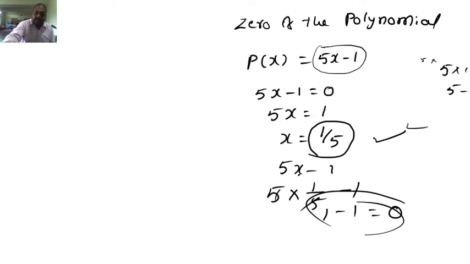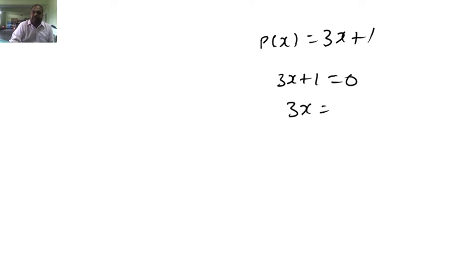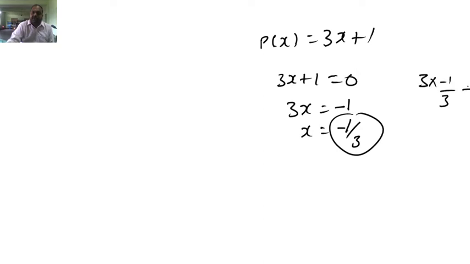Okay. Next, suppose p of x is equal to 3x plus 1. 3x plus 1 is equal to 0, 3x is equal to minus 1, x is equal to minus 1 by 3. If you substitute minus 1 by 3 in this equation, it will become 0. Let's check it. 3 into minus 1 by 3 plus 1. 3 cancels, minus 1 plus 1 is equal to 0.